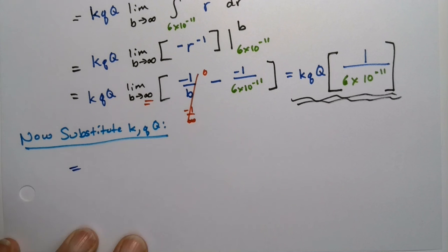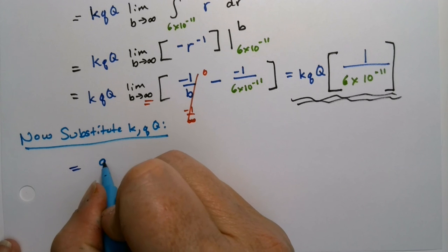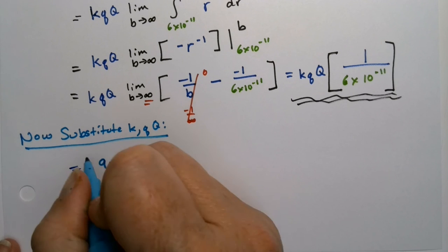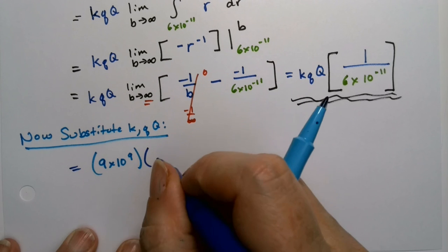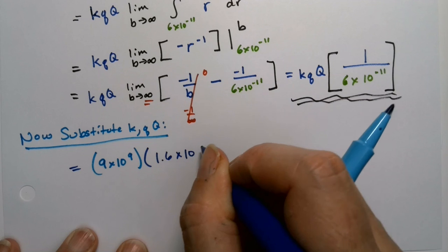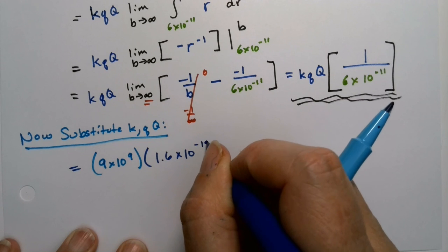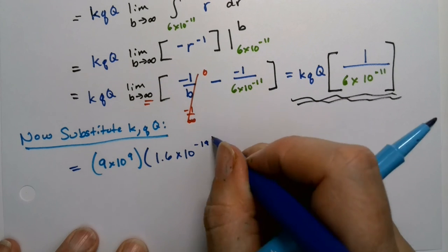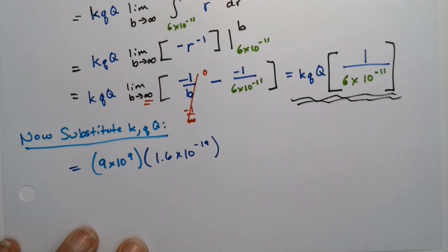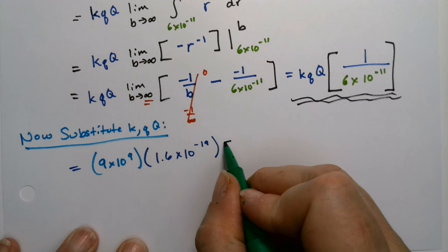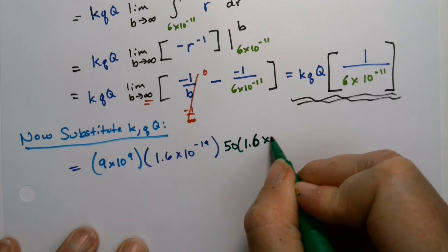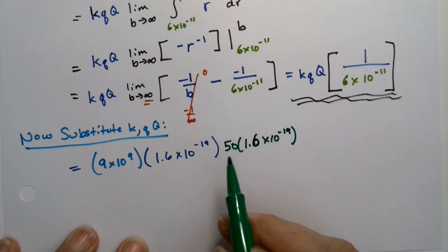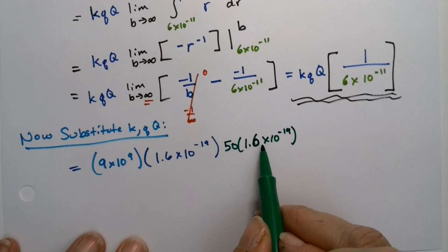All right, so K is 9 times 10 to the ninth. Little q is 1.6 times 10 to the negative 19. And then capital Q is 50 times another 1.6 times 10 to the negative 19, because it's 50 little q.